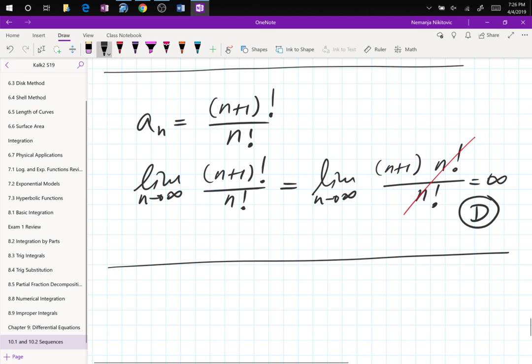N plus 1 is just the next term after n. So we peel that one off, the rest is n factorial, they cancel, and you have just the limit of n plus 1, which becomes infinity.